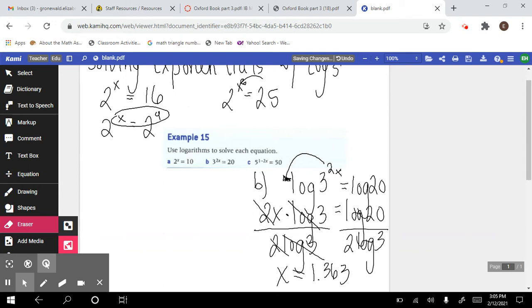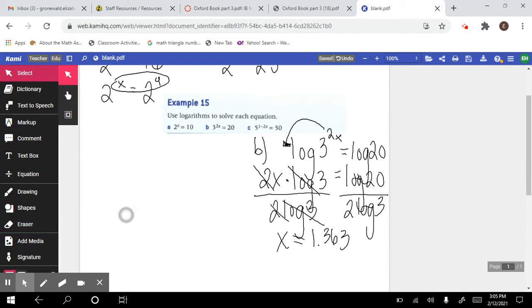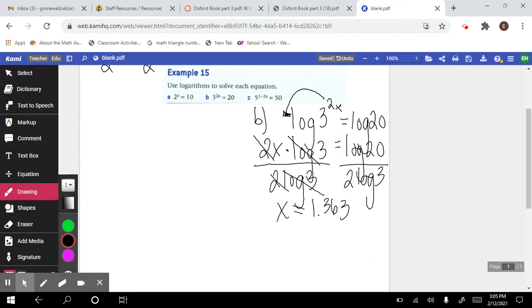In part C, this one's a little bit more complicated. If you can see what's in the power, it's an expression. And when it's an expression, it takes a little bit longer to do. So we're just going to have to take it piece by piece. So same thing, I want what's in this power to come down and not be in the exponential anymore.